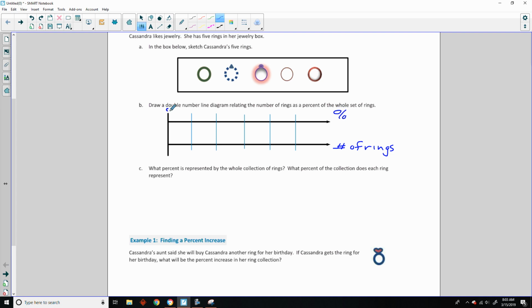So if I had 0%, that'd be 0 rings. If I had 1 ring or 2 rings or 3 rings or 4 rings or 5 rings, what percent of this total is it?